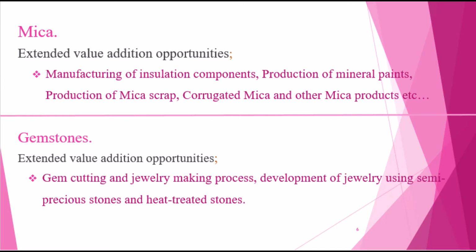In addition, we can use mica in different processing instruments. We can produce mica powder and then sell it. Not only that, we can do some chemical reactions, so we can produce different colors and paints.